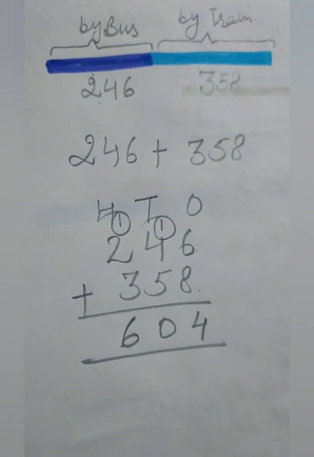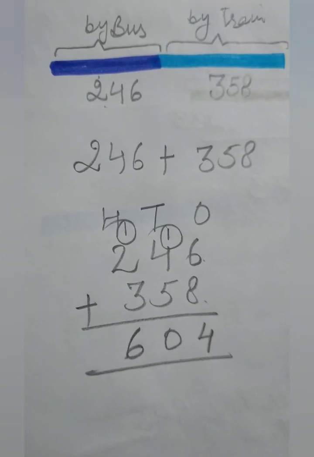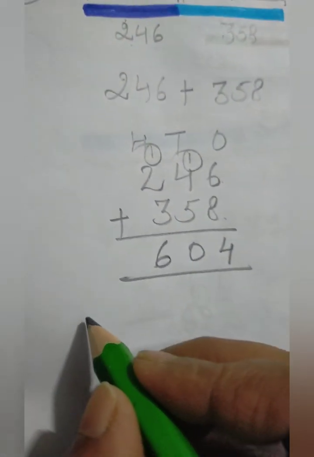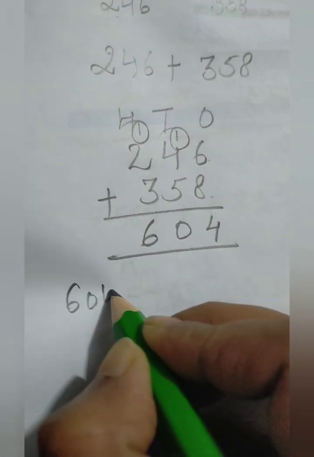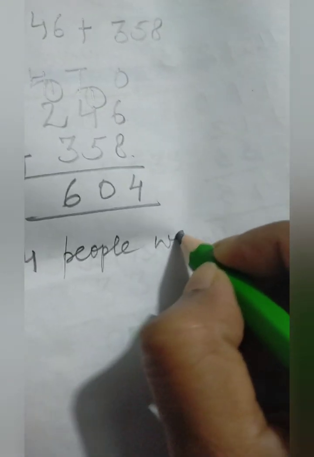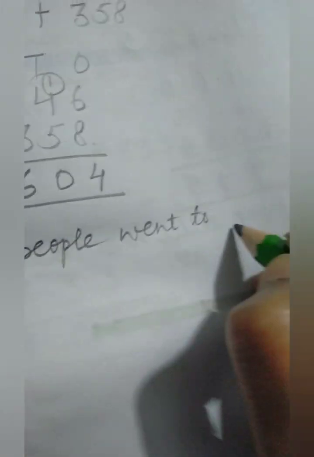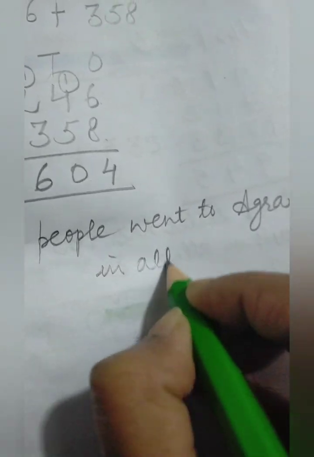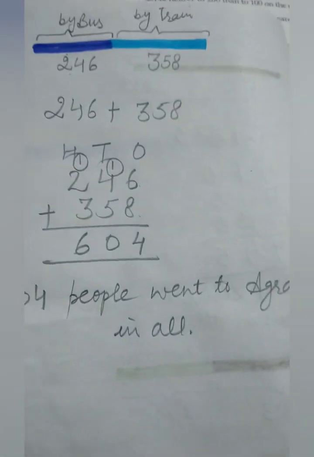So 604 people went to Agra in all. So we will write 604 people went to Agra in all.